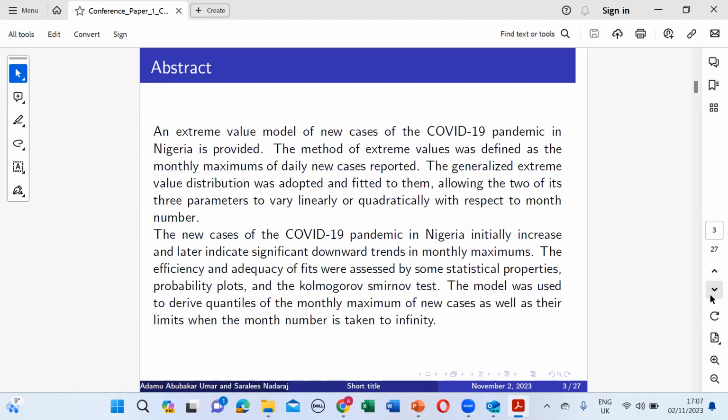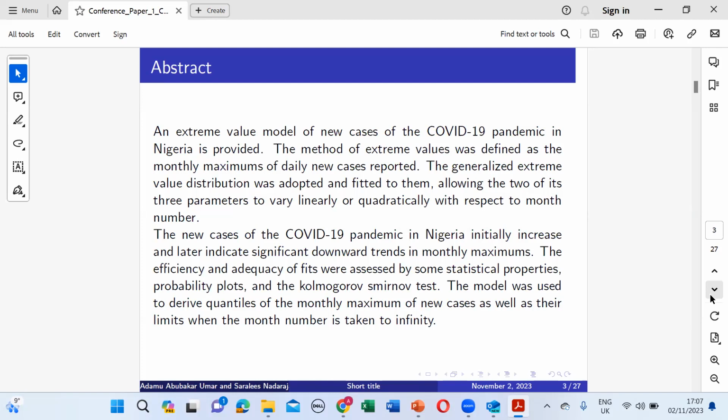Here is the abstract. The main goal is to come up with extreme value models of new cases of the COVID-19 pandemic in Nigeria. The method is to use extreme values, defined as the monthly maximums of daily new cases reported. A generalized extreme value distribution will be adopted and fitted to those data.